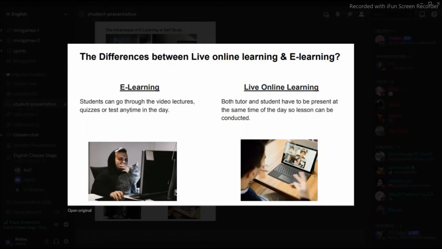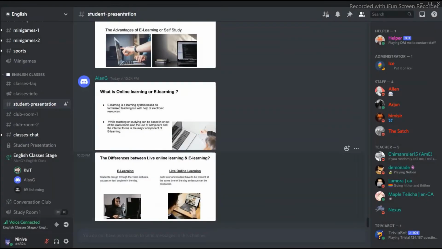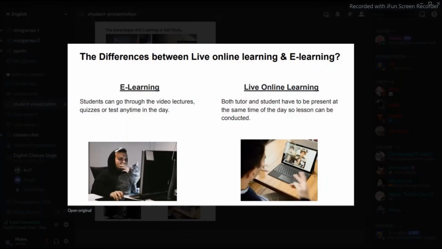So if they miss it, or if they didn't understand something, they have to wait until the next session so they can ask about what went wrong in the previous one. And that's what makes e-learning very, very special: you can go through the lecture over and over again, so you can understand what you didn't understand. Next, please.